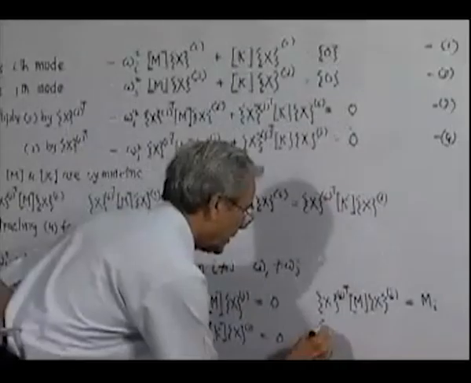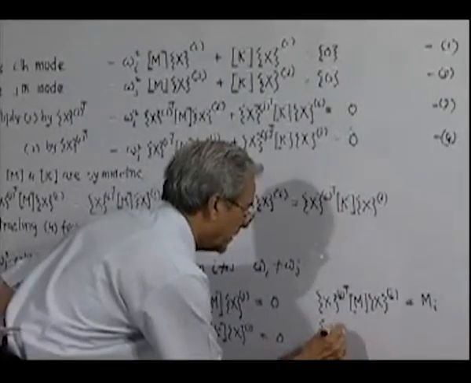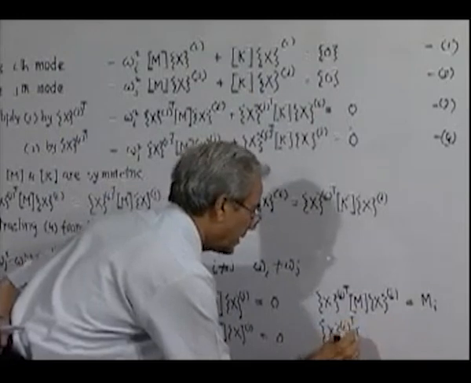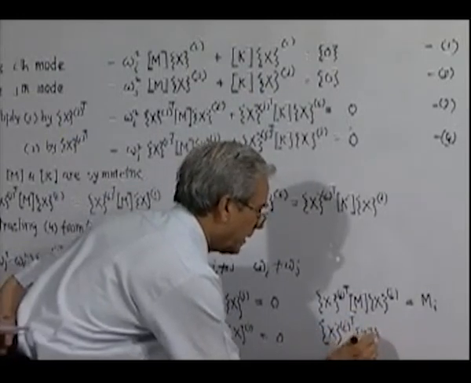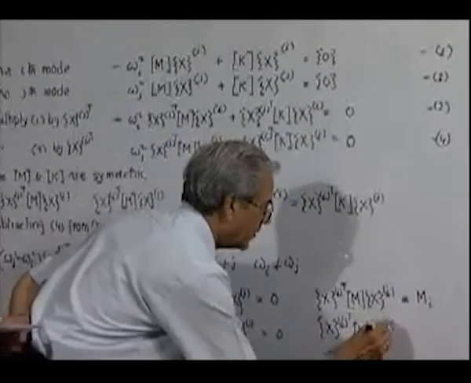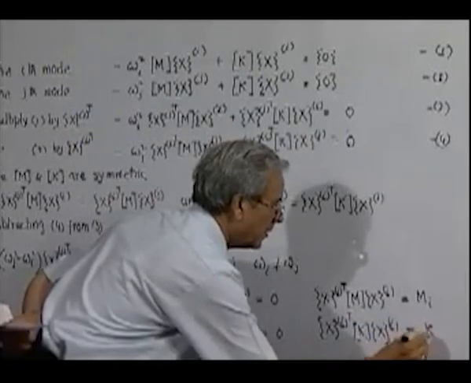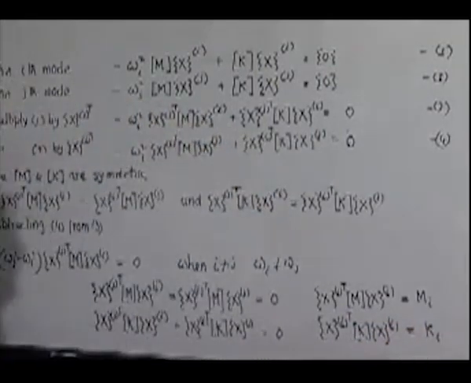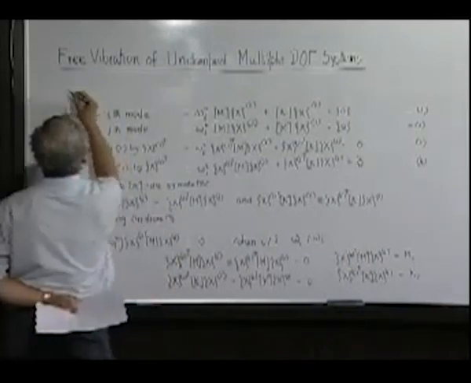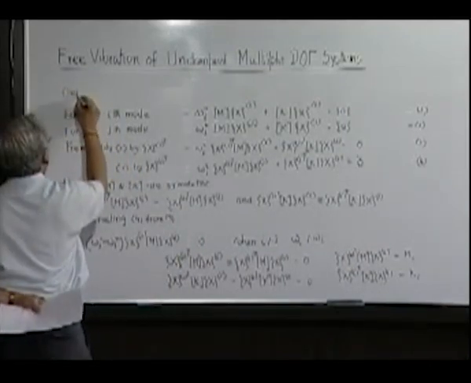And similarly, x i transpose K x i will be again a non-zero quantity, and we call it generalized stiffness, and this property is called orthogonality of natural modes.